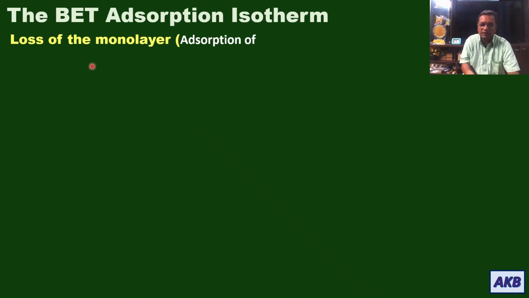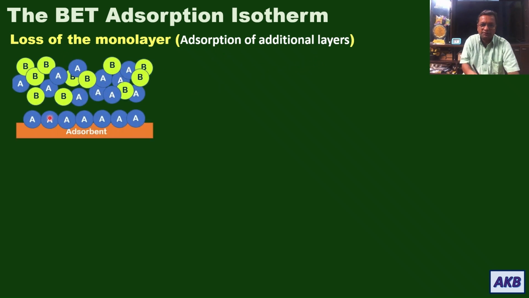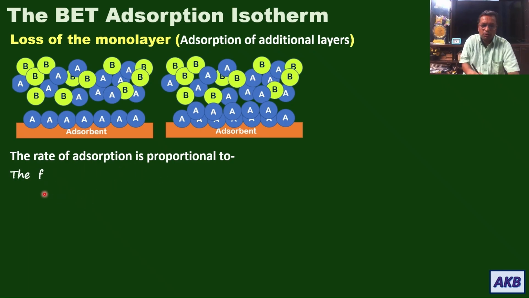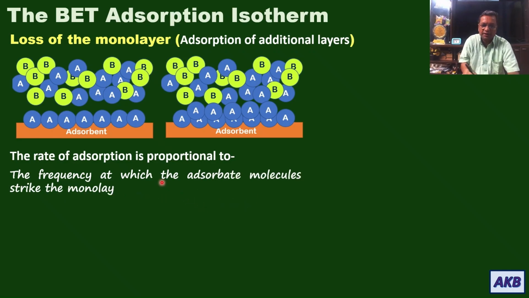Now, the other way of losing the monolayer is by adsorption of additional layers. So you have the monolayer on the surface of the adsorbent, and when there is adsorption of additional layers, for example, formation of a bilayer, the monolayer is getting lost in this process. In this case, the rate of adsorption is proportional to the frequency at which the adsorbate molecules strike the monolayer on the surface of the adsorbent.